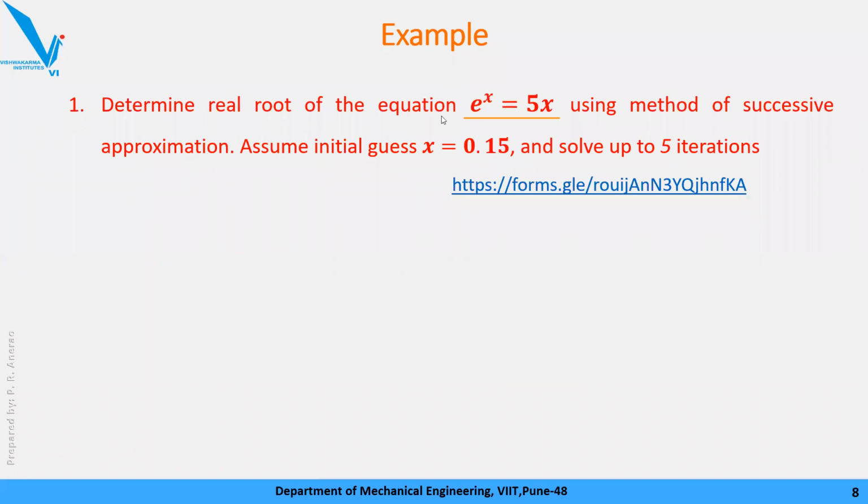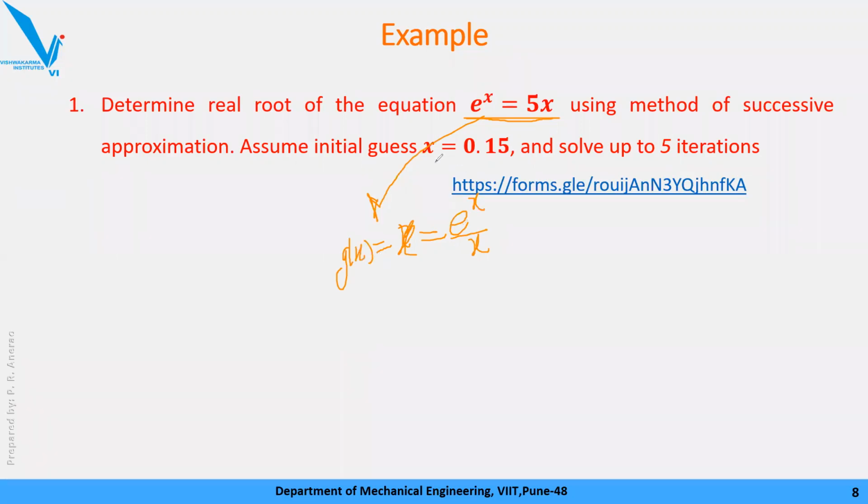Okay, the students who are struggling here, see, this is your function f of x equal to e raised to x equal to 5x. Okay, we need to come up with g of x. It's easy. x equal to e raised to x divided by x only. This is your g of x.